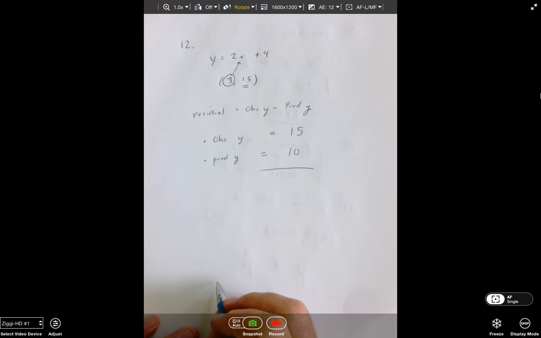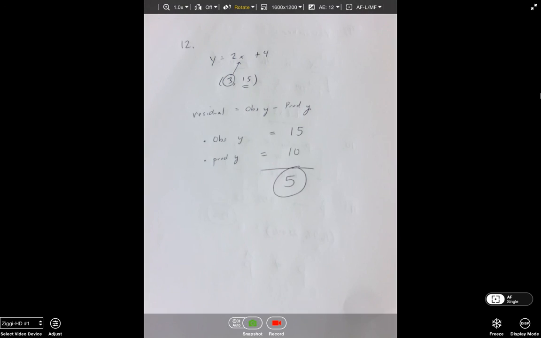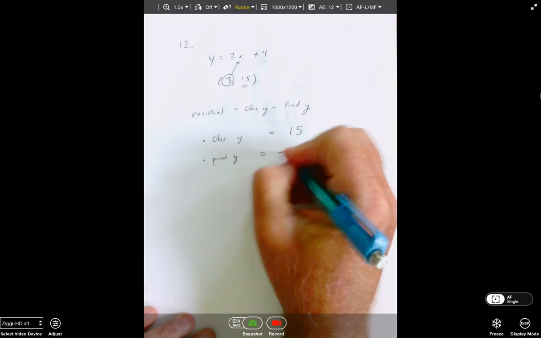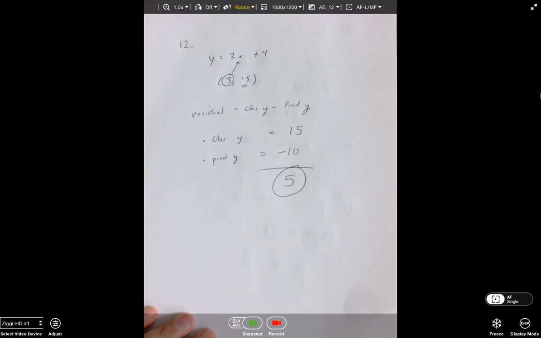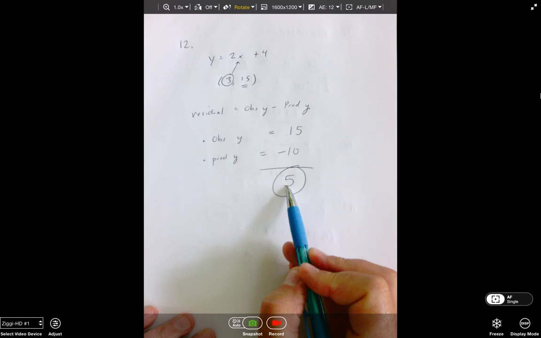The residual is the difference of these, which is positive 5. The residual is the observed value minus the predicted value. So we would say here that the observed value is 5 units higher than what our model predicted.